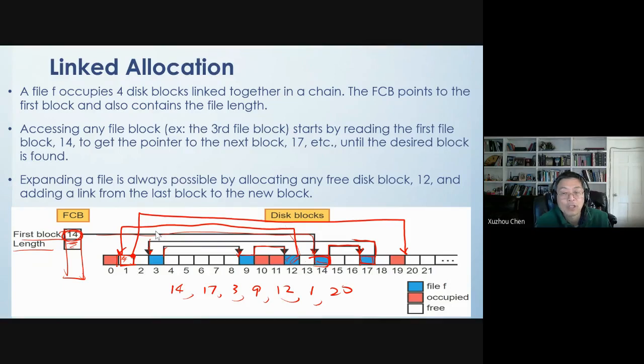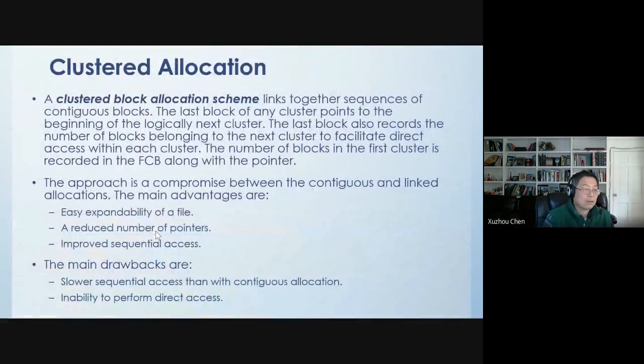The purpose of defragmentation is to relocate the blocks, so the blocks associated with the same file should be pushed together. Okay, that's defragmentation, because this is going to improve the performance of the computer system. Even though you support a linked allocation, you still want to make sure things are nearby.